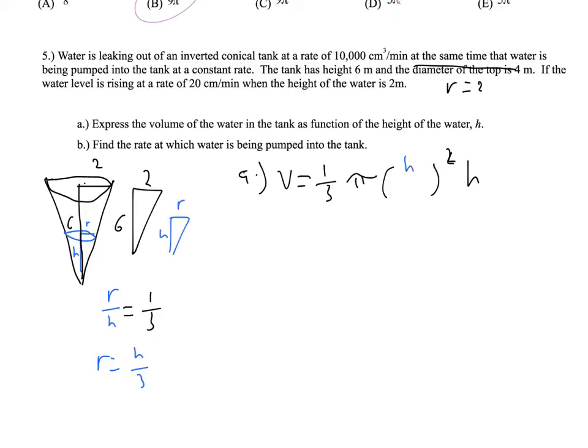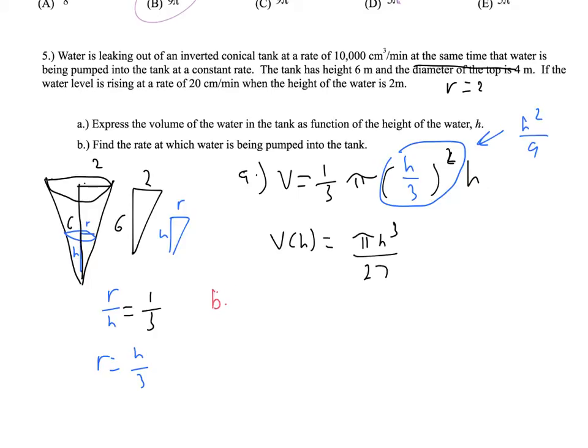And we'll put in h over 3. h over 3 squared, this quantity is h squared over 9. So when we multiply that out, we have the volume in terms of h is equal to pi h cubed over 27, because 9 times 3 is 27.